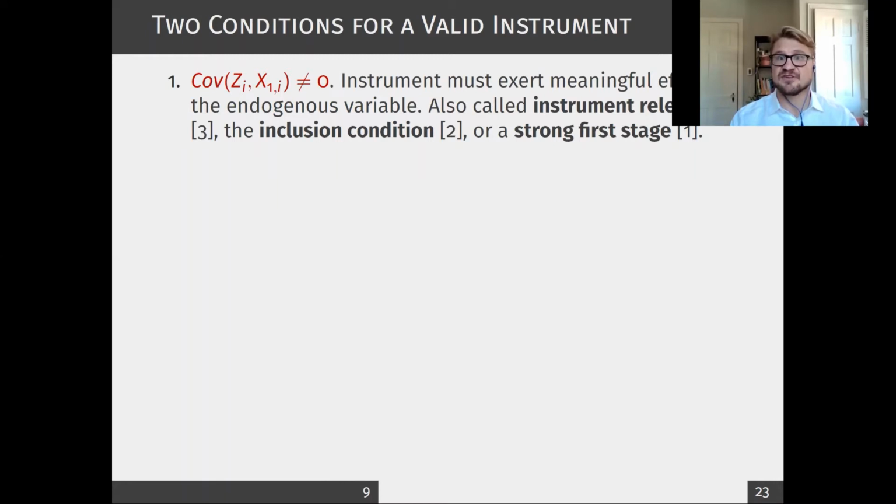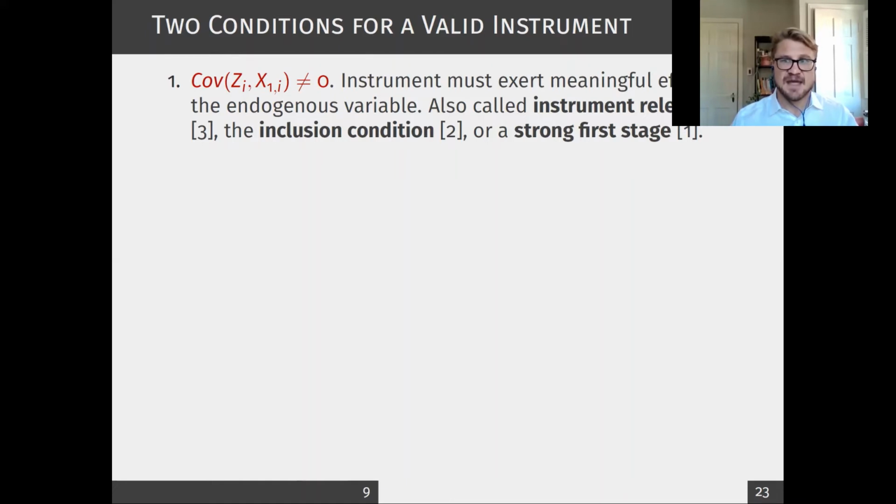Baldrige refers to this as instrument relevance, and Angrist and Pischke talk about it being a strong first stage. It's a strong first stage because it's the first stage regression where we need there to be a lot of the variation in X actually explained by the variation in Z. There's actually a high R squared in that regression. We'll get back to how we test that in a minute.